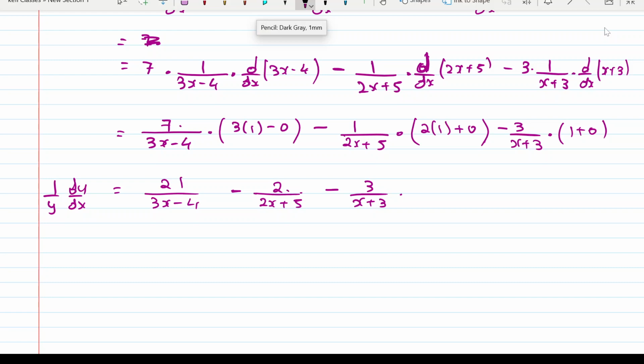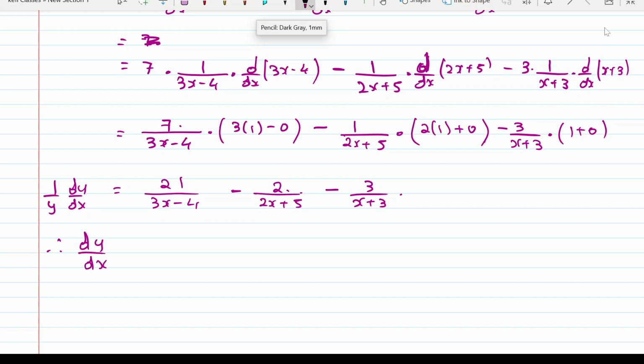So 1 upon y dy by dx is x into d by dx of log log x plus log of log x into d by dx of x. So that's going to be x into 1 upon log x into 1 upon x. x cancels. 1 upon log x plus log of log x. So this you have to do. Okay, your brain will face a bit of trouble, but give that much trouble. And then write the final answer and then check whether your answer is right or wrong.